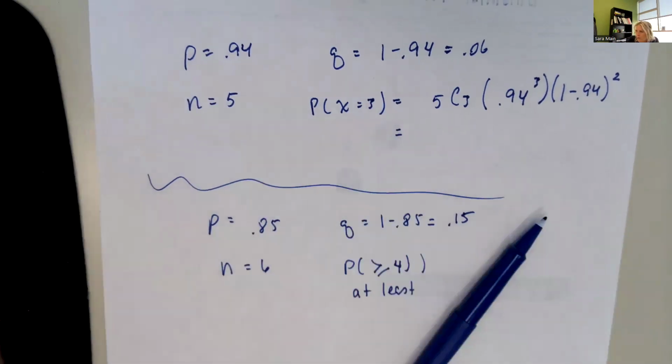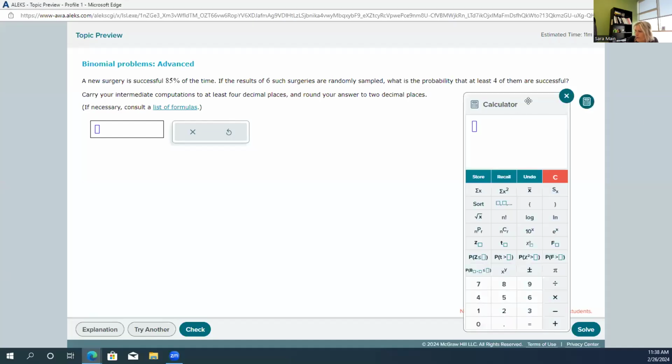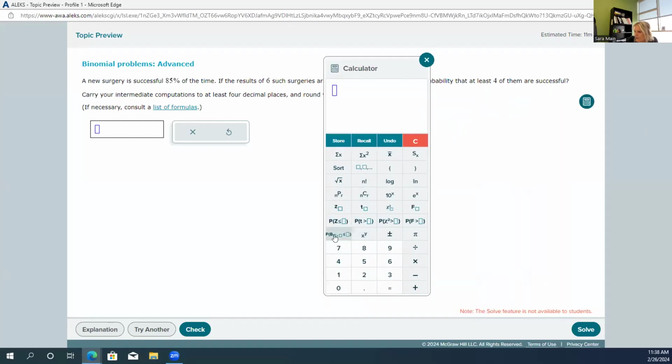Now, when we go to the calculator in ALEKS, I want you to see there's this button right here that says probability, and it's the binomial, and it's less than or equal to. We want greater than or equal to.